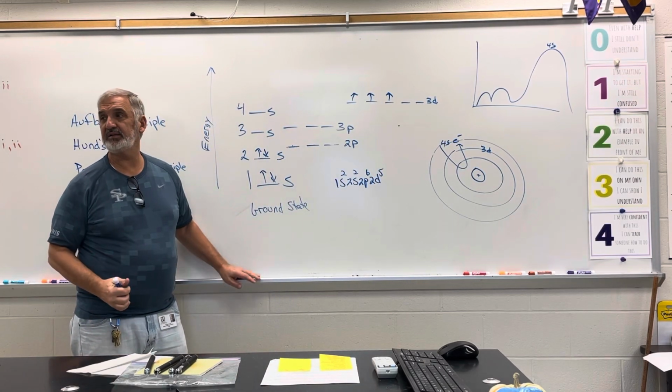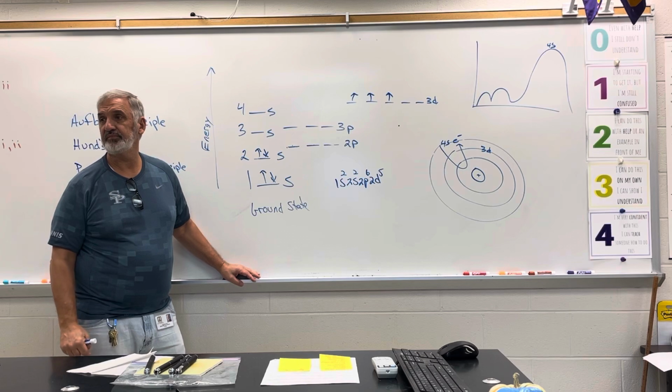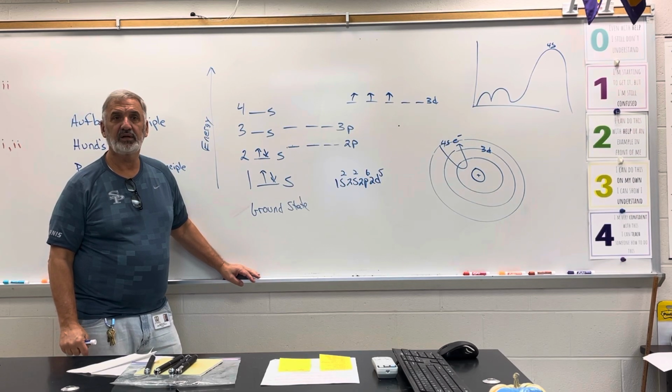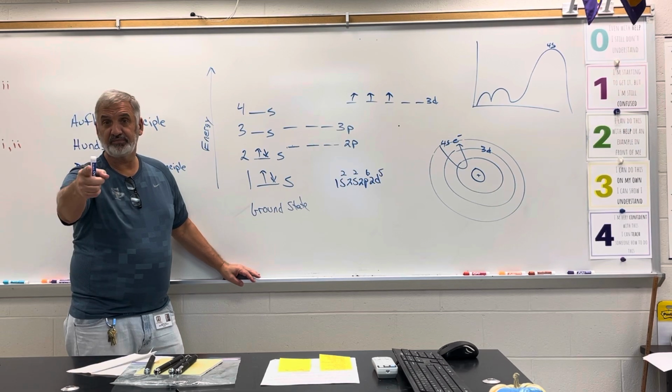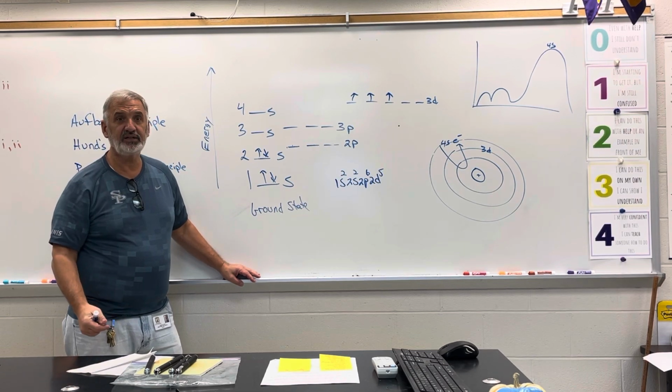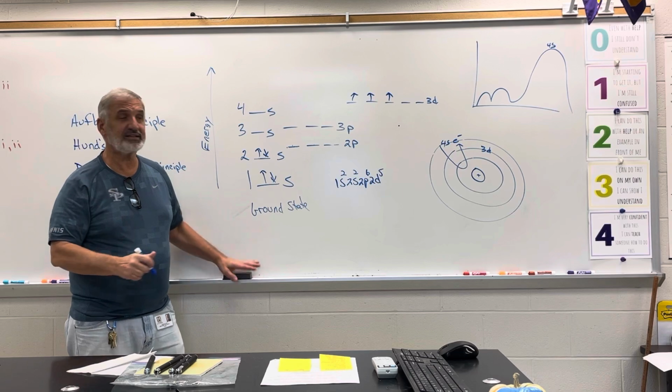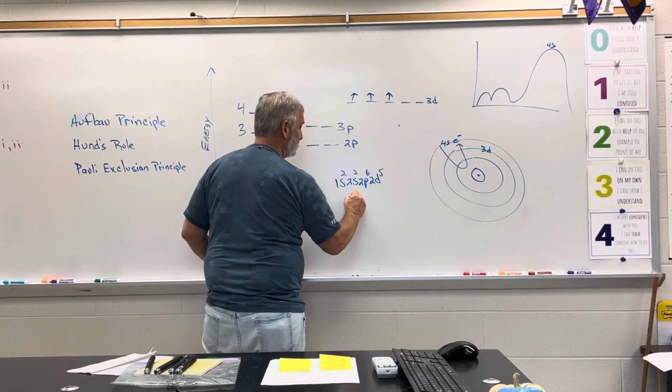Is that an excited state? Wait, how do you have a 2D? Because they jumped up there. Say what? There is no 2D, right? That's what I'm saying. So this is just impossible.